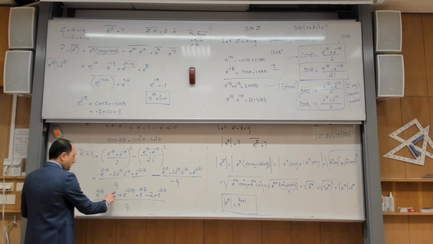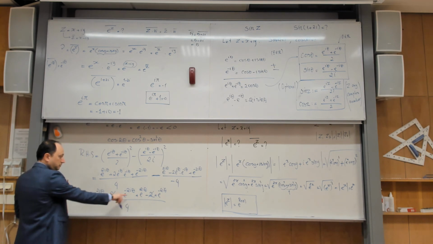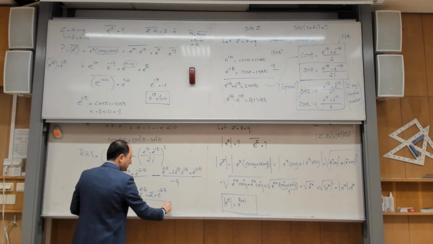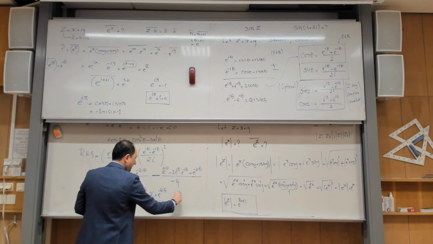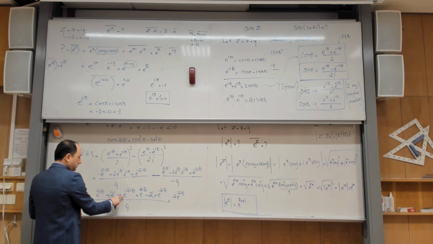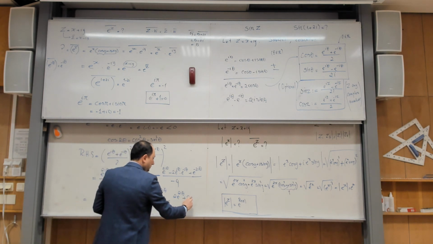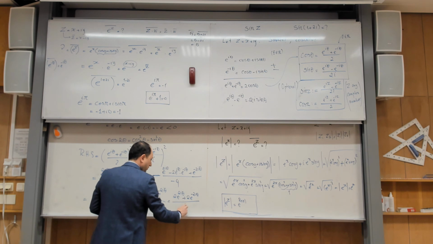This 2 and that 2 are cancelled. e to the power 2i theta, another one here. So this becomes 2 times e to the power of 2i theta. But here I have, again, the same thing. e to the power of minus 2i theta, another one here. This becomes 2 e to the power of minus 2i theta divided by 4.